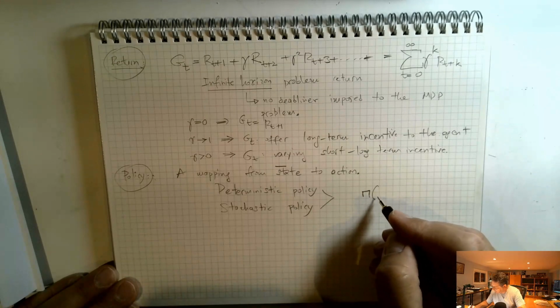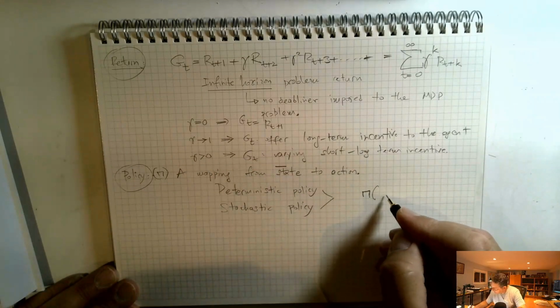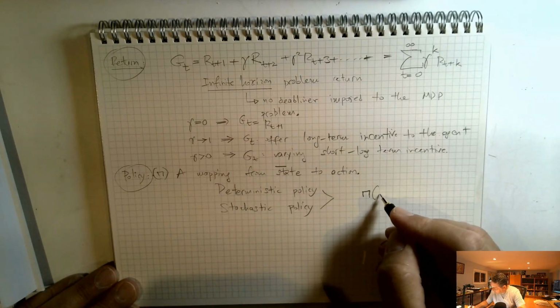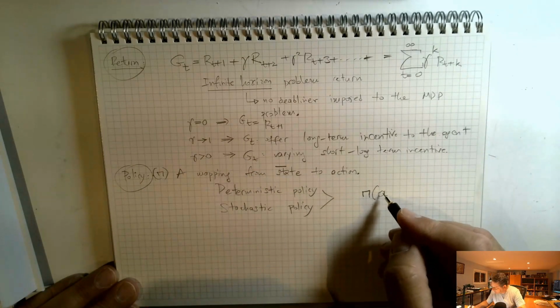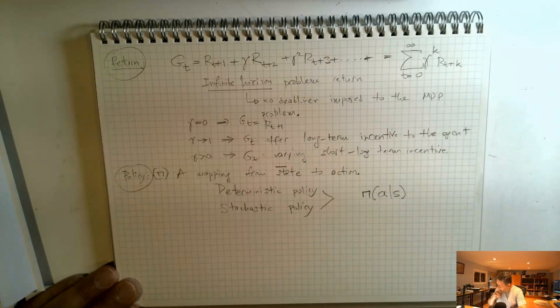Pi is the symbol for our policy, and we define it as pi(a given s): the probability of the action we take given the state we are in.